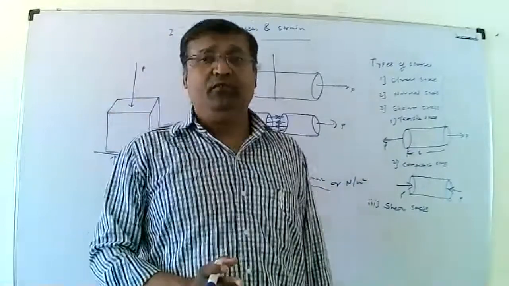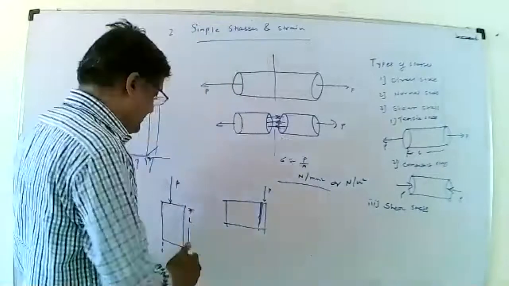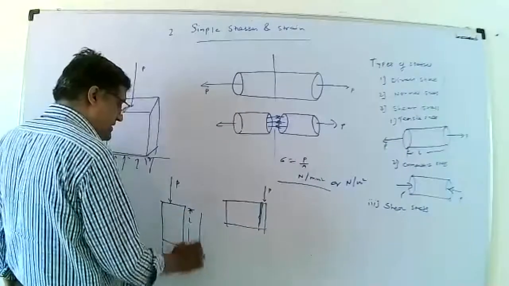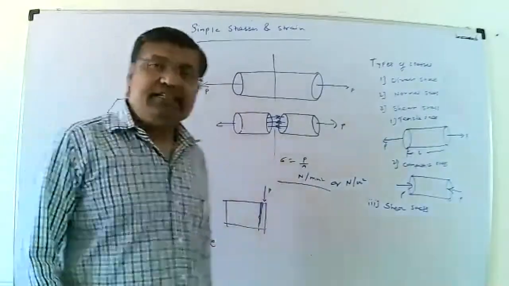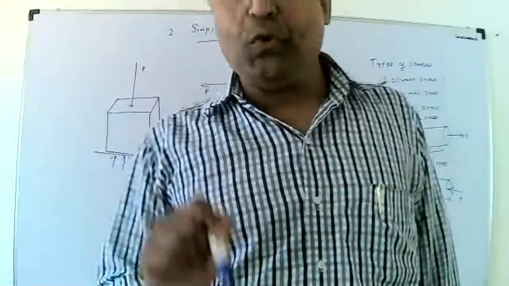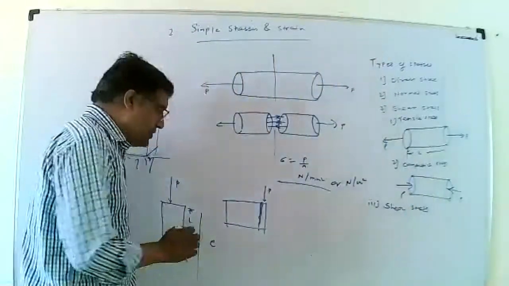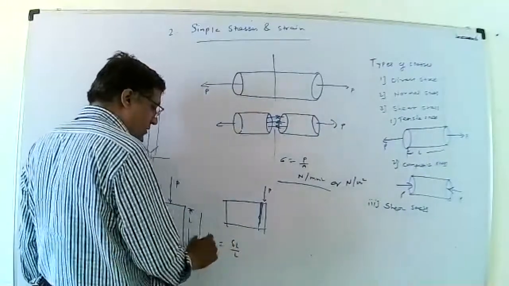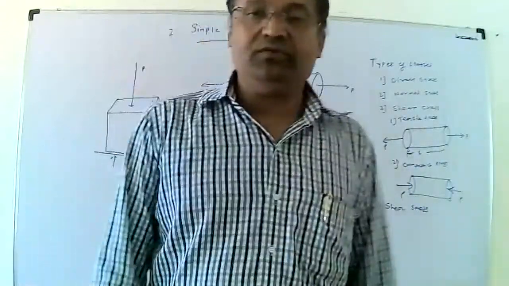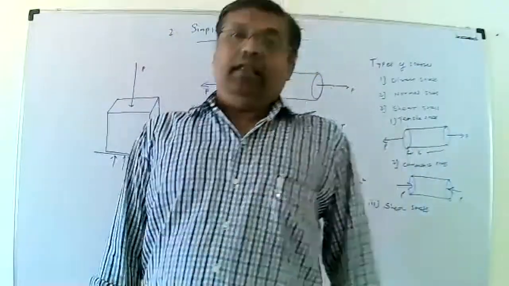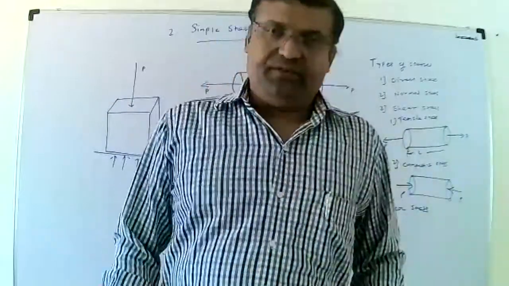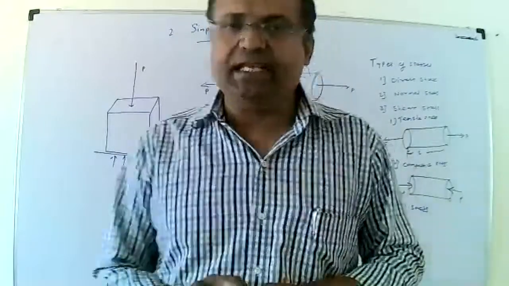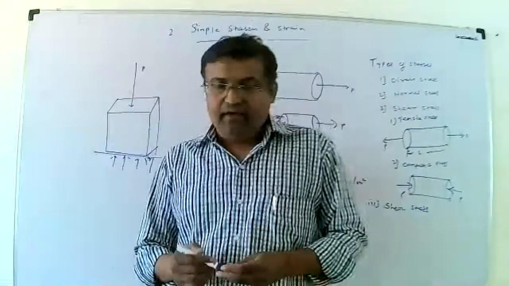The specimen will extend, and that extension is represented by delta L. Strain is defined as the ratio of change in length to the original length, delta L upon L. It has no unit because it is a unitless quantity. Always remember, a very important point: strain has no unit.